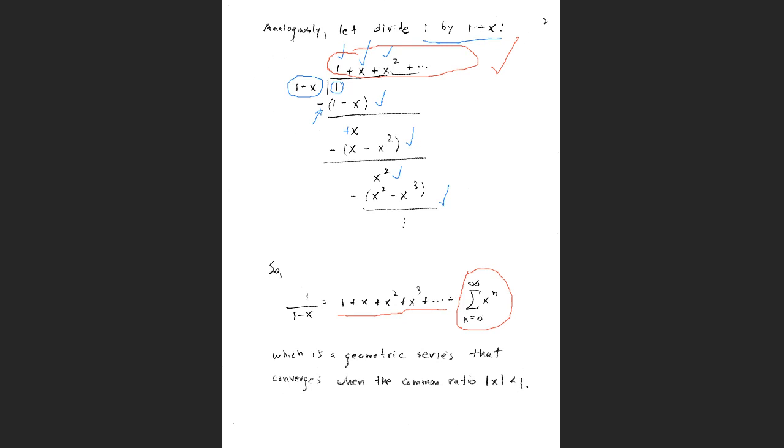So 1 over 1 minus x, that fraction, that rational function, can be expressed as this power series. But we recognize that as a geometric series, right? This is just a geometric series with a common ratio of x.